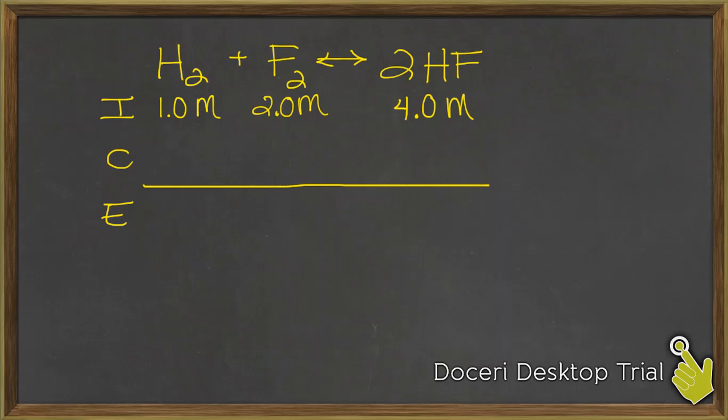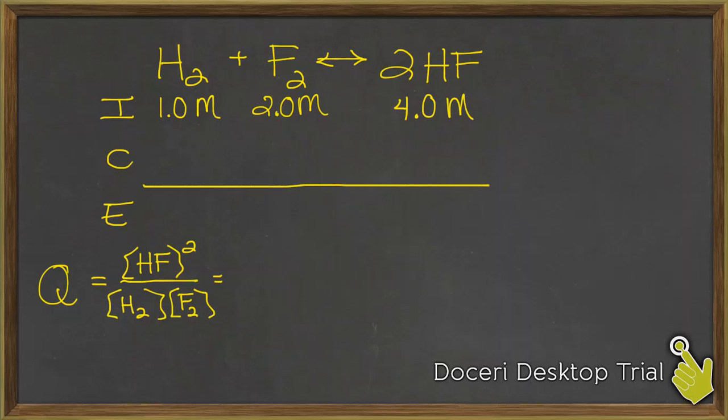Look at the information that I've written on the screen here. If I have all the initial conditions, can't I calculate Q, the reaction quotient? And the answer is yes, I can. Which has the same expression as K does.